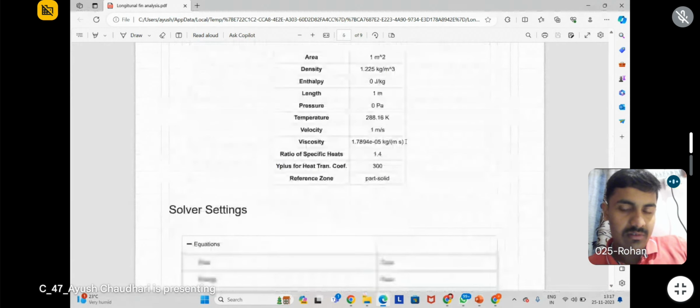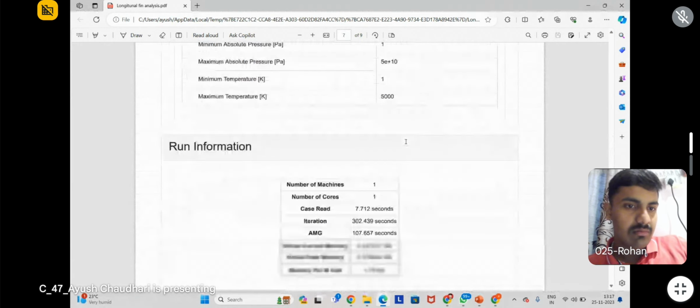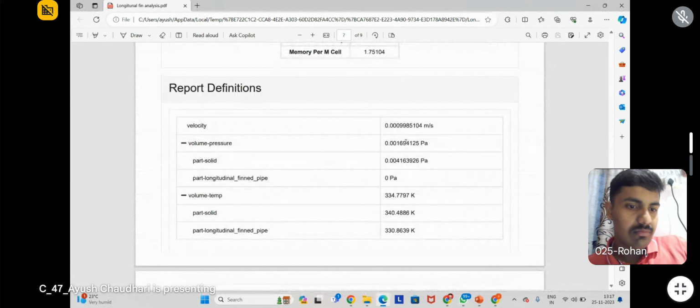Report is downward. So basically, velocity was almost 0.00099851 meter per second, and volume pressure was 0.001694 pascals.